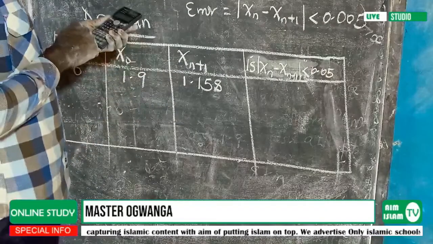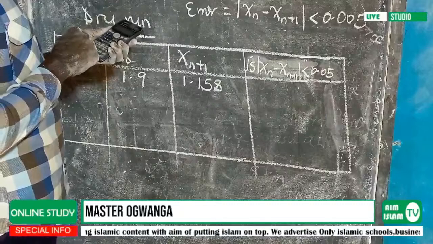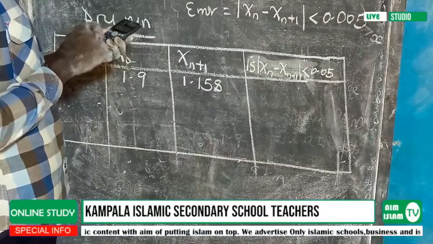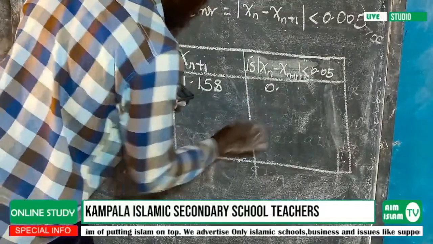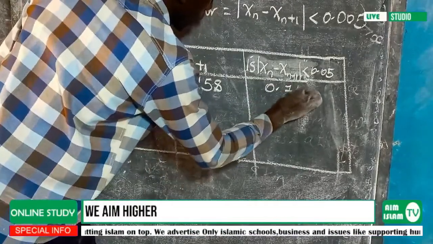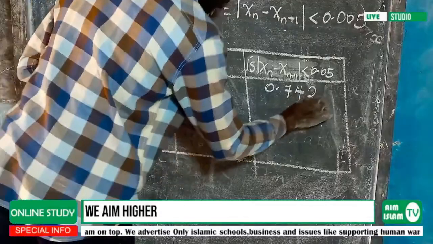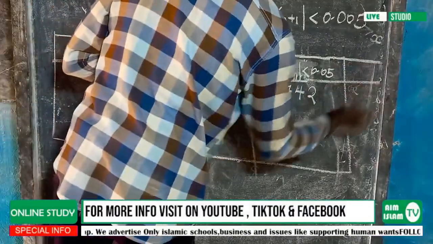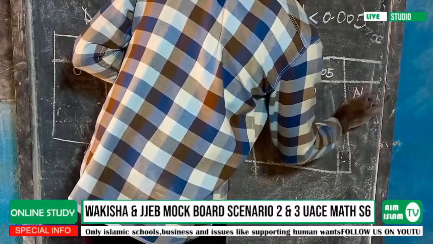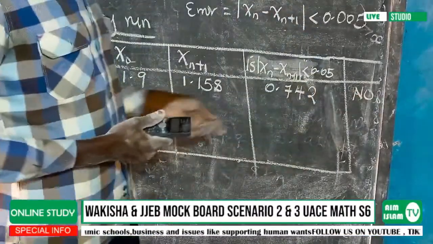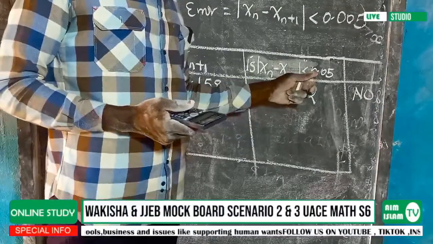Subtract 1.9 minus 1.158. This is 0.742. This one is calling for a no, because when you look at this error, it's not less than 0.05.